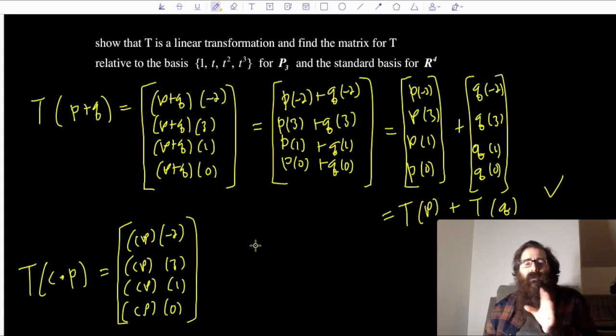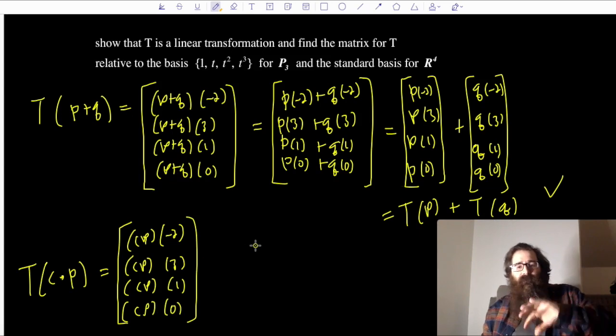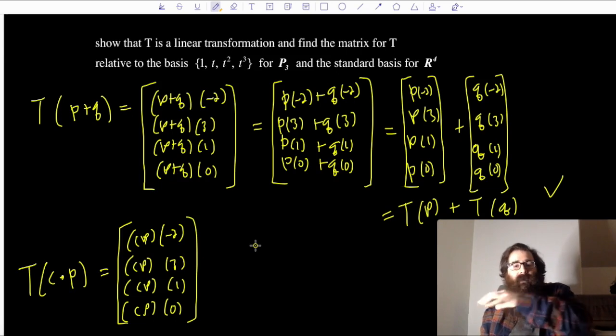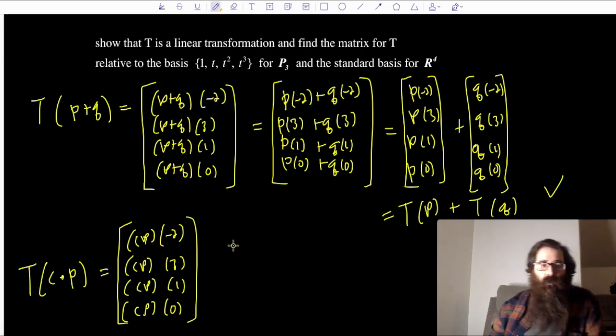But if I'm not distributing that scalar in and leave it factored out, then if I end up plugging in values for my input, I can still bring that scalar all the way out.